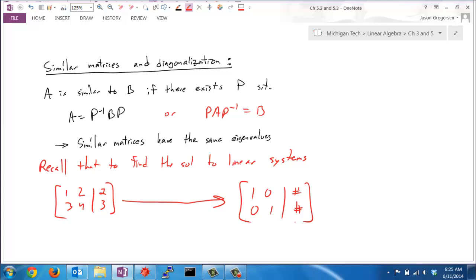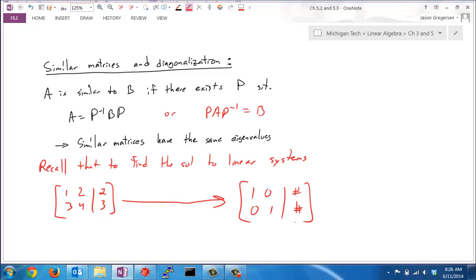Now it's important that we have some new process for doing that, because it turns out our old process of row reduction will change the eigenvalues. So we can't just row reduce to some nice form and say, eigenvalues 1 and 1, woohoo. Otherwise, pretty much all of our matrices would have eigenvalues of 1 and 0, row reducing things to 1s on the diagonals.